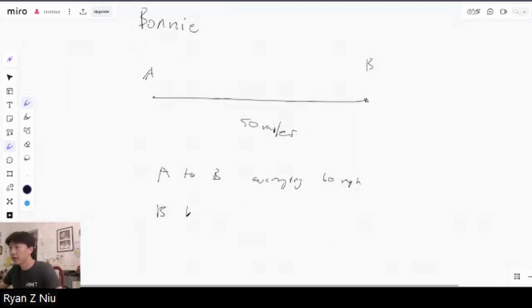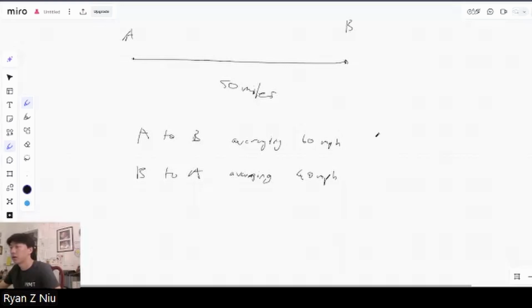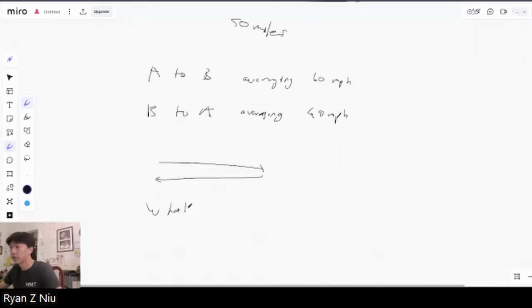And then she goes back from B to A, averaging, sorry, it's a little messy, 40 miles per hour. And then the question asks, across the whole trip, so to and back, what is her average speed? And you would answer this in miles per hour.